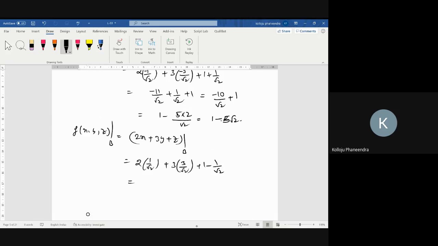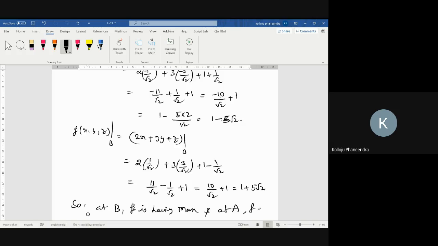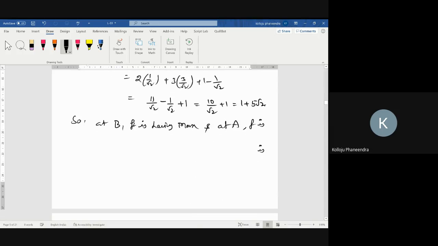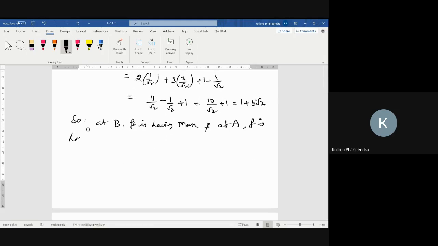Okay, this is 2 plus 9, 11 by root 2, 11 by root 2 minus 1 by root 2 plus 1, that is 10 by root 2 plus 1, that is 1 plus 5 root 2. So at b, f is having maximum, and at a, f is having minimum.